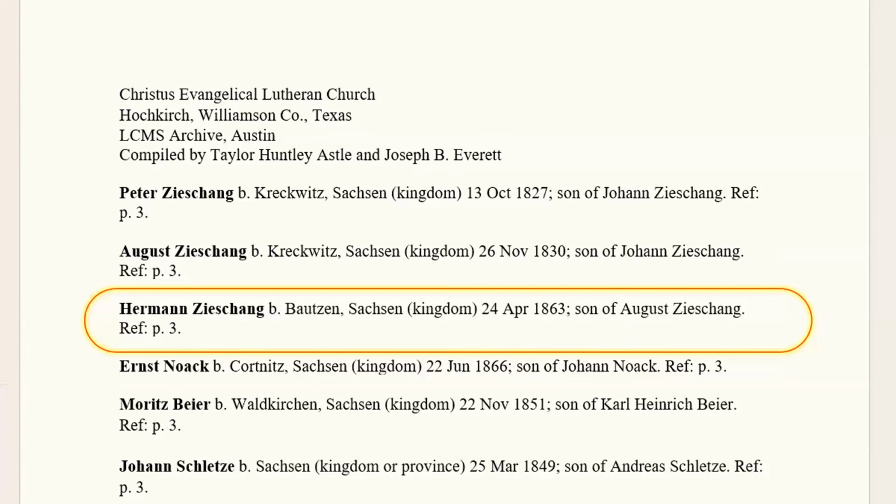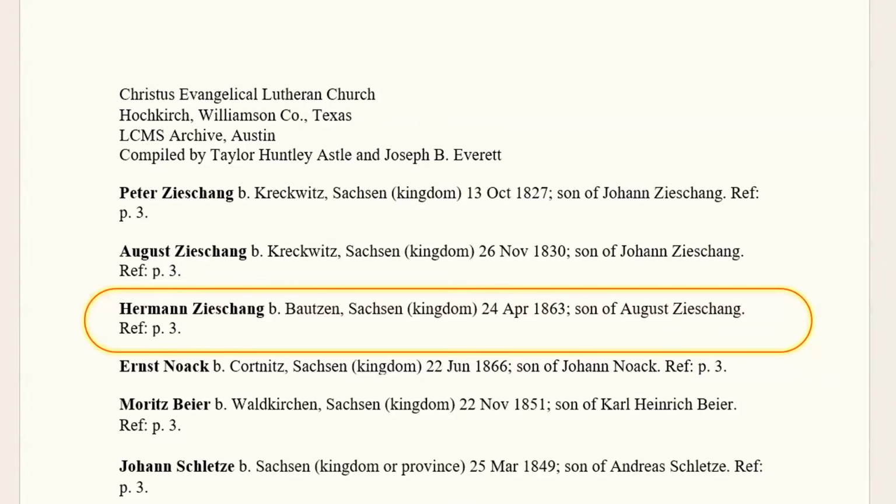So this is where the German Immigrants and American Church Records can come to the rescue. In one of the volumes for Texas, we find Hermann Zischang, son of August Zischang, as we learned from his death certificate, and also supported by the passenger list.